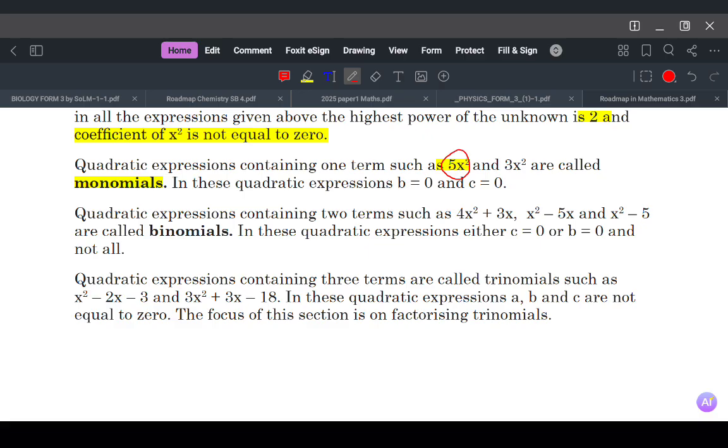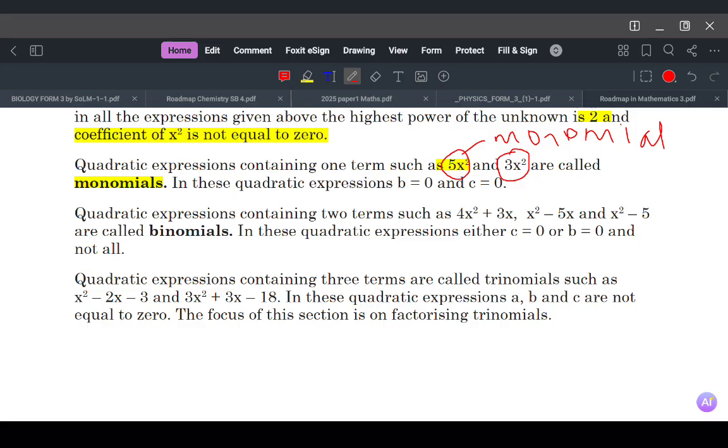Mono means one. So this is a monomial. Take note. It's a quadratic expression, yes, but because it only has one term, which is 5x squared, it's called a monomial. Another example of a monomial is 3x squared.